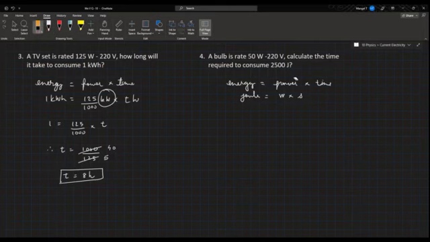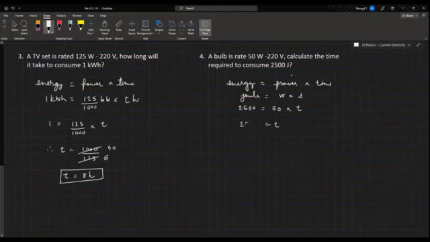If I write power in kilowatt and time in hours, then this is kilowatt hour. Okay, so we have 2500 joules and this is 50 watt into T. So T will be 2500 divided by 50, 50 hours. 50 seconds, sorry. So it will take 50 seconds to consume 2500 joules.